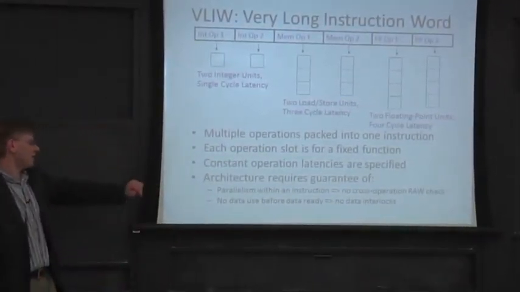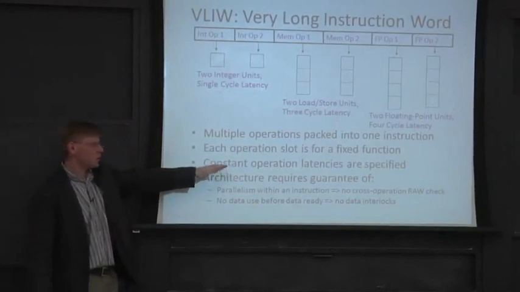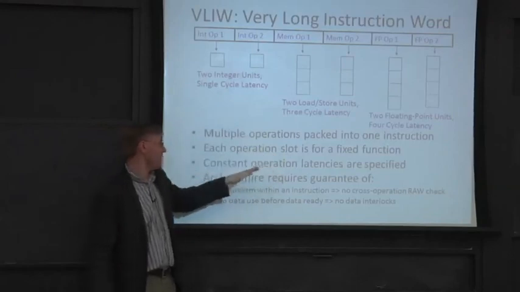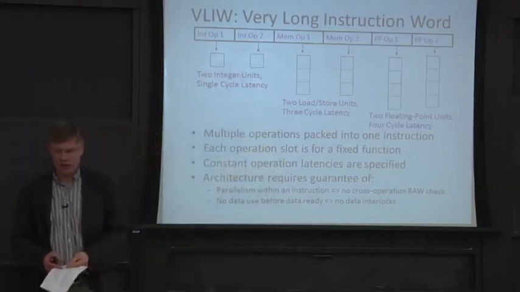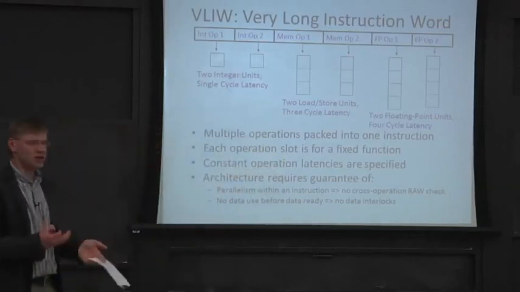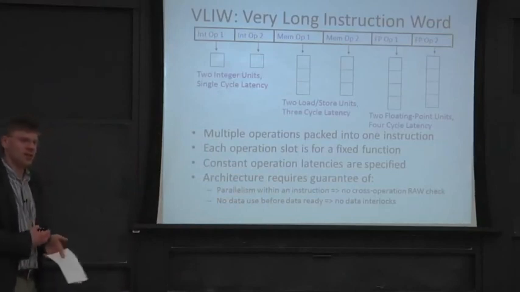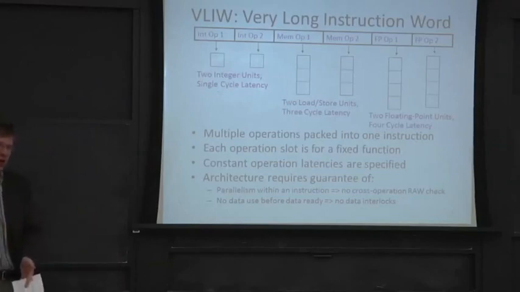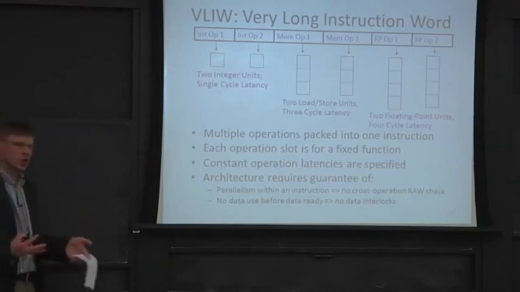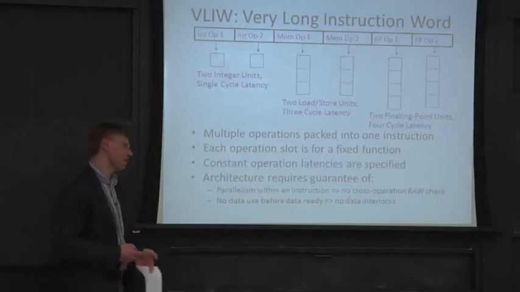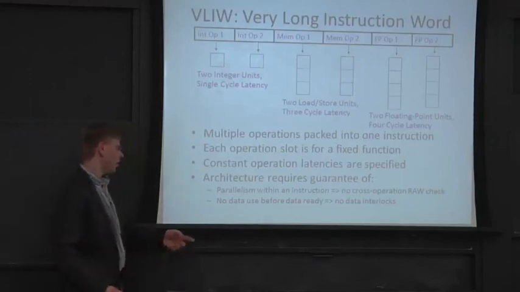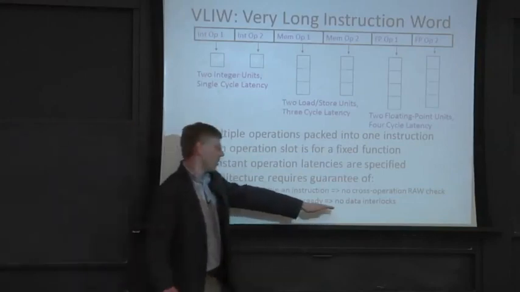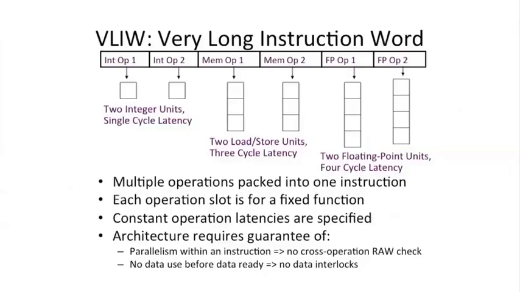Well, let's look at our slide here. Typically, in traditional VLIWs, each operation has a certain amount of latency, and it's guaranteed. Unfortunately, because of this, the architecture of the machine is very tied to the compiler. The compiler needs to know how long each operation takes. So that's a downside. And in a typical VLIW, there are no data interlocks.